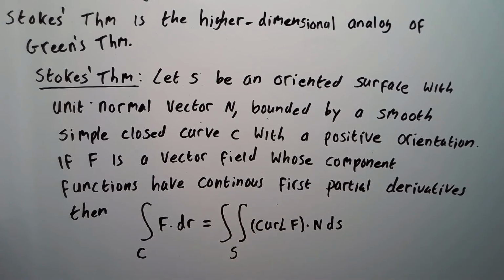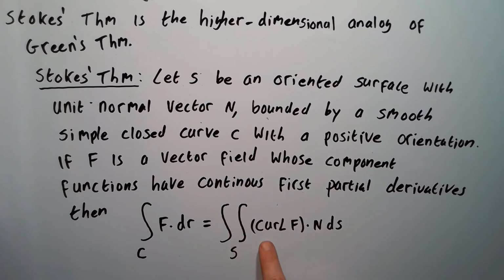But if you look back at how the curl is defined, there are derivatives involved in the curl. If you look at a proof of this, and we will look at a proof of a special case in another video, when you integrate a derivative, it undoes it.